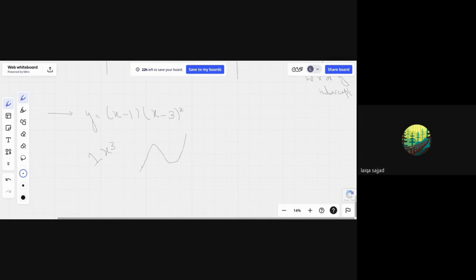How will we identify the points? First, you have to tell me how many turning points we will have. This is a cubic equation, so how many turning points will we have? 2. Okay, so the number of turning points would be 2.